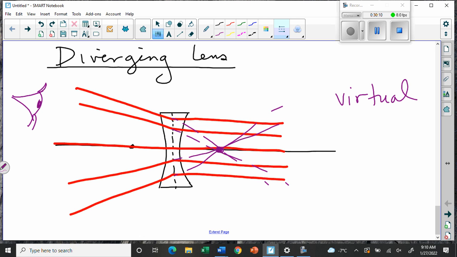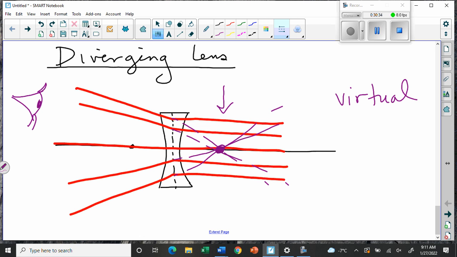In the real world, you could never focus light with a diverging lens, but it appears to focus sort of inside the lens. What's important to realize is this is not in the real world. You can't go behind here on this side and see this image. It only works if you're looking into the lens and you see it inside the lens.